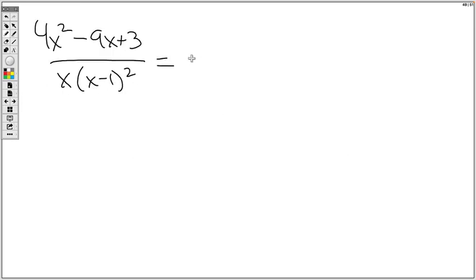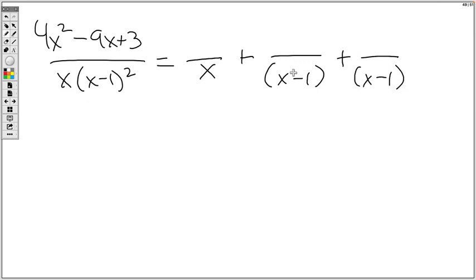Now we have to write the form of the decomposition. So this is where we have to think what types of little denominators contribute to this as the least common denominator. So I look at the factors. I have a factor of x. I'm going to need to have that factor represented. I have a factor of x minus 1. And I have a factor of x minus 1 what?